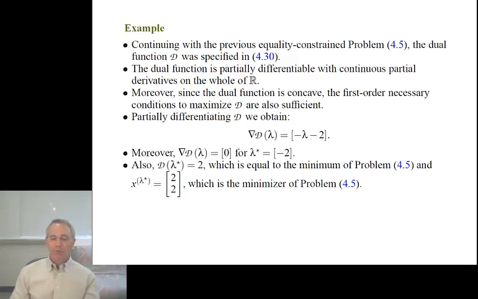And at that value, plugging in lambda star equal to minus 2, we get the dual function is equal to 2, which is indeed equal to the minimum of the original problem. And plugging that lambda star into the Lagrangian and minimizing over x, we get a value out which in fact minimizes the original primal problem.